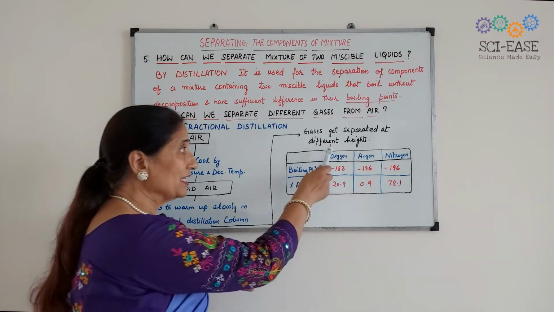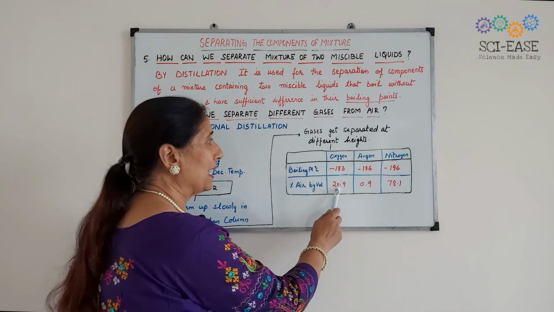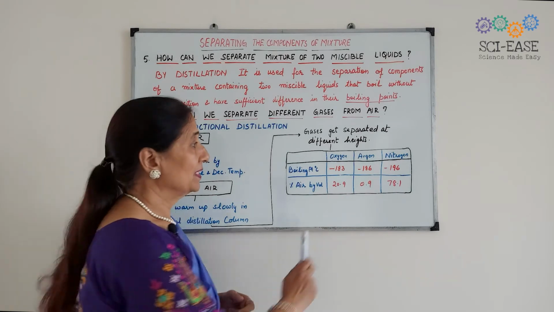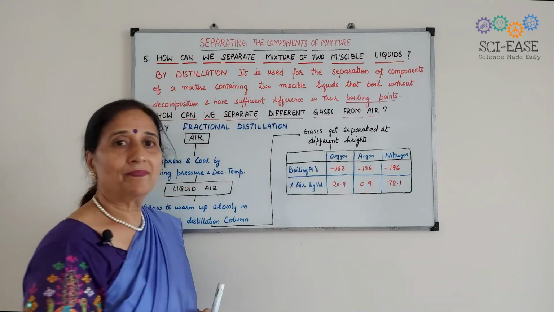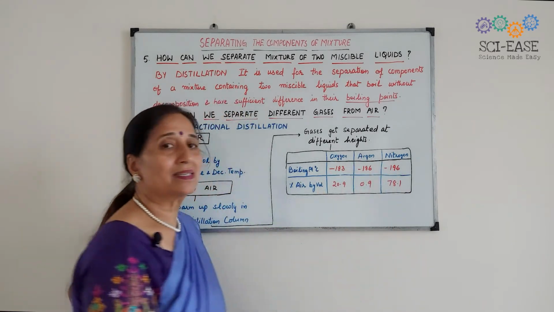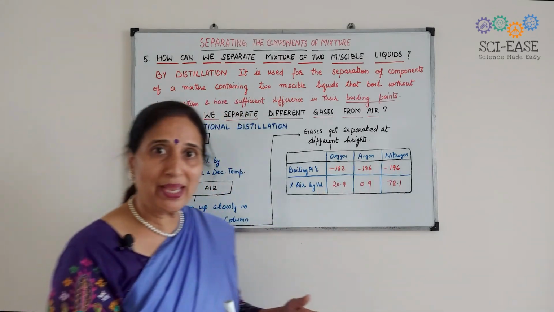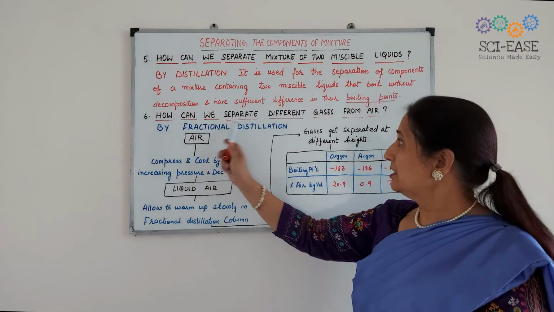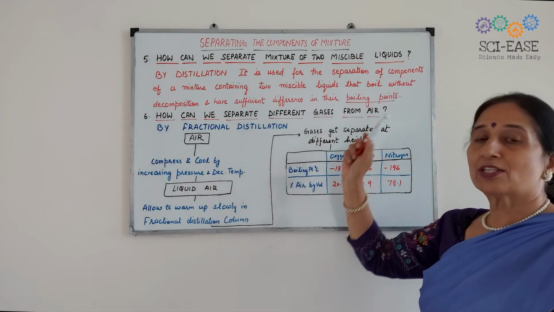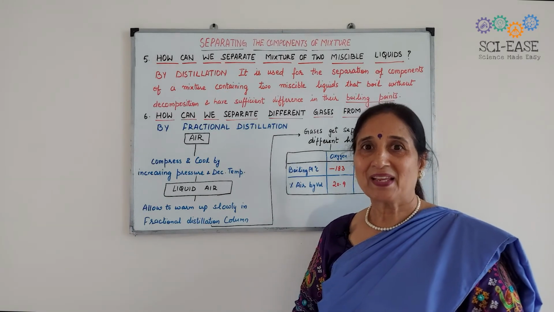That is 20.9% oxygen, 0.9% argon and 78.1% nitrogen. So in this way, by using the fractional distillation method, we can separate different gases from the air.